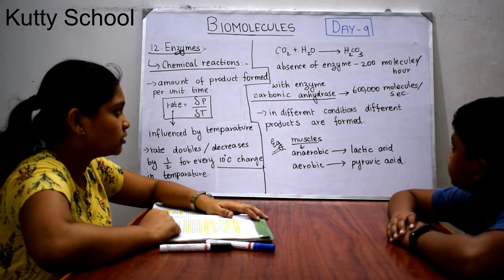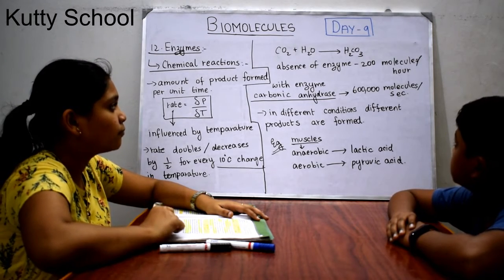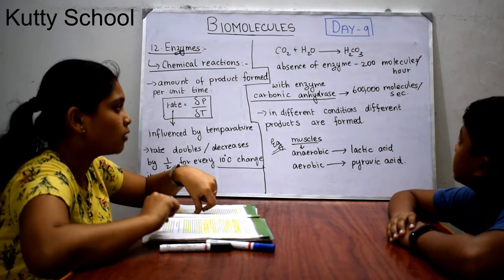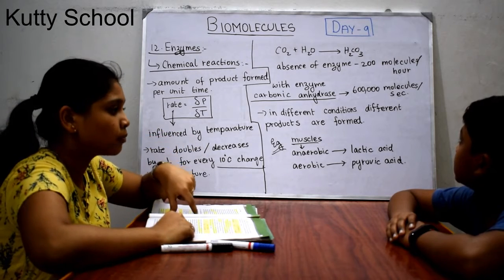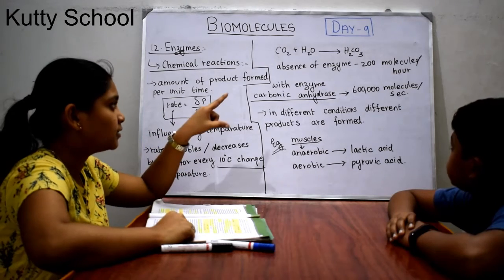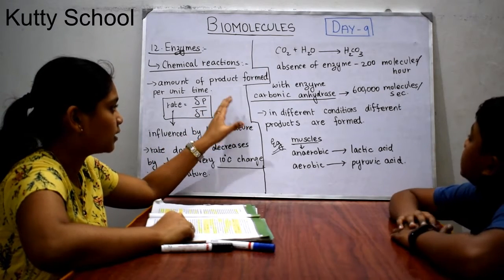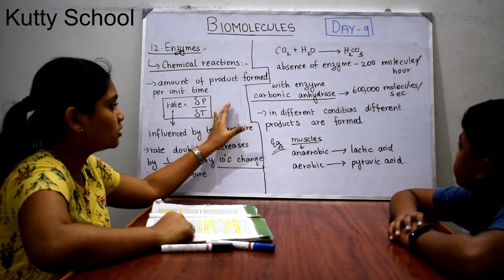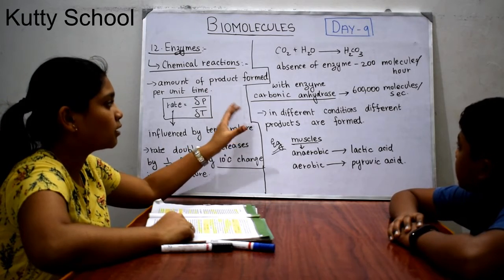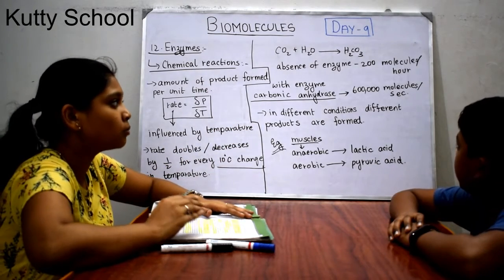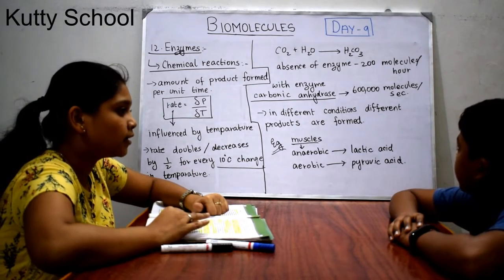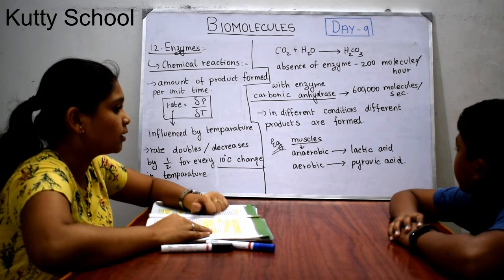In the absence of enzyme, this reaction produces about 200 molecules of H2CO3 per hour. With the enzyme carbonic anhydrase, which catalyzes this reaction, the reaction completes and 600,000 molecules are formed per second. So these enzymes increase the rate about a million times, reducing the time period.